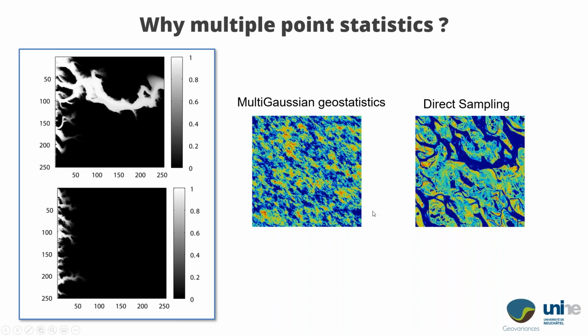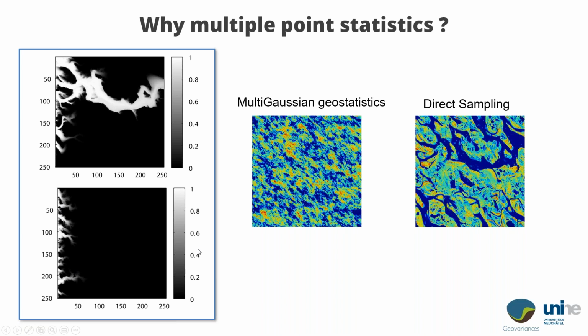So here, if you impose on the left side a concentration of 1, and if you impose boundary conditions that make a flow from left to right, and if you look at the concentration of this tracer in the direct sampling image, you will see that it will follow the channel and go through the medium, while in the multi-Gaussian medium, it cannot go far away because these lenses of hypermobility are somehow isolated, and so the flux is going much slower.